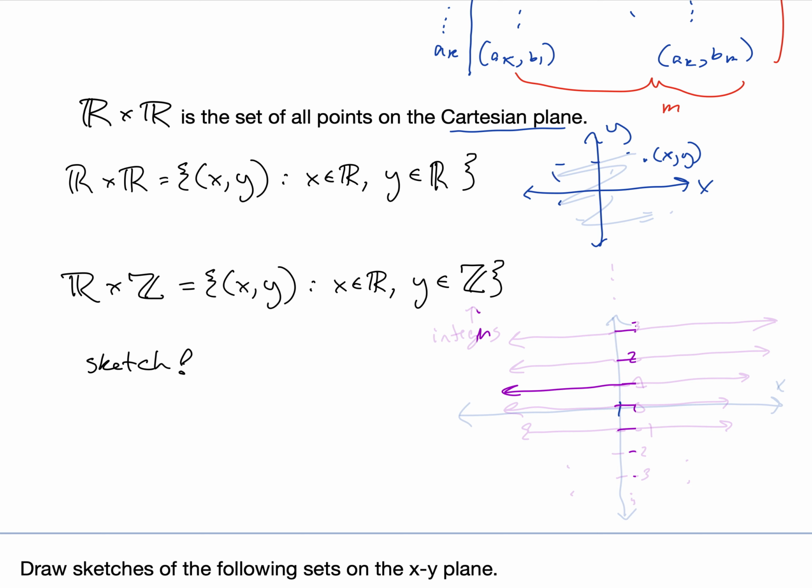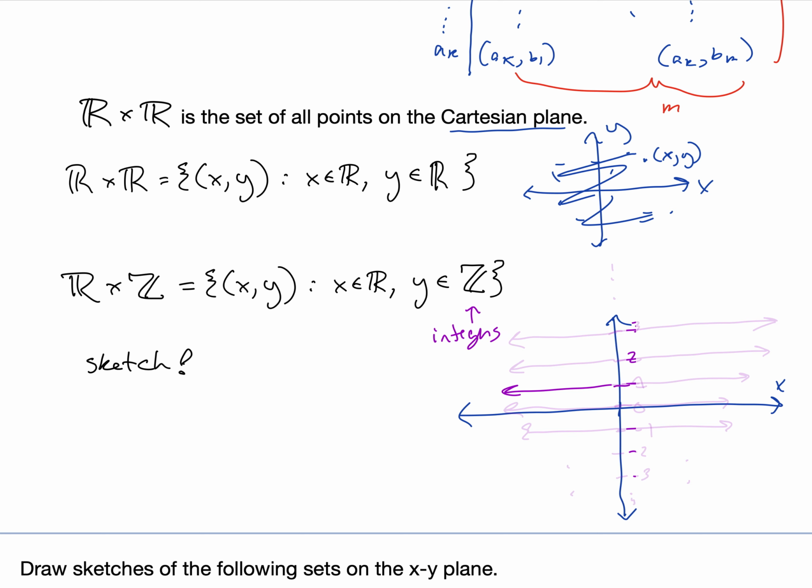How about the set R cross Z? Those are ordered pairs such that the first element is in the real numbers and the second element is an integer. So these are the integers, remember? If we wanted to sketch that set, what does it look like? The x values are anything on the x-axis, and the y values are in the set of integers.